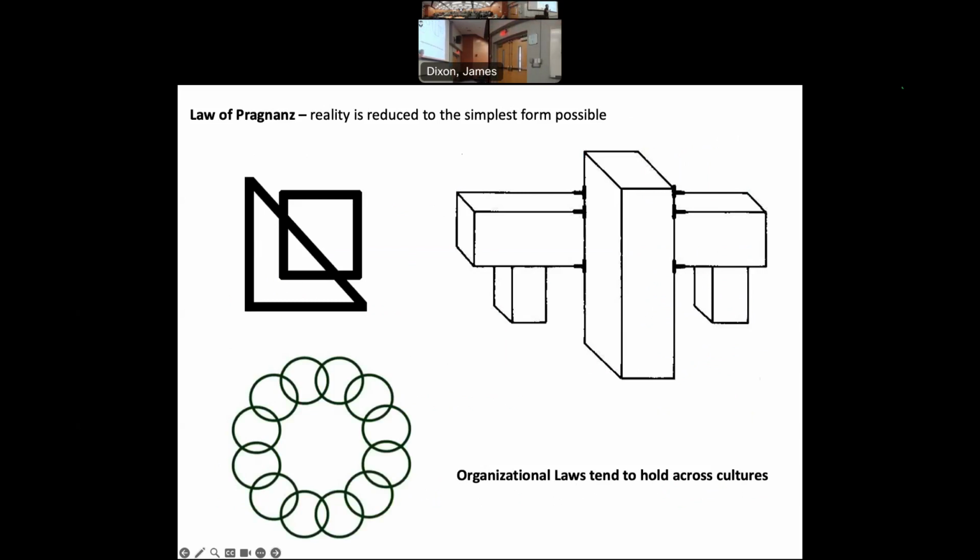They like the word laws a lot. They also have this thing called the law of prägnanz. Prägnanz here means that we're always trying to reduce reality to the simplest form possible. So we're always trying to make the simplest story happen perceptually.